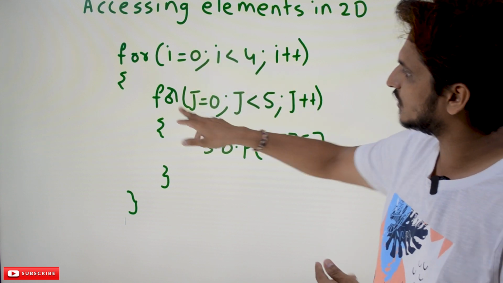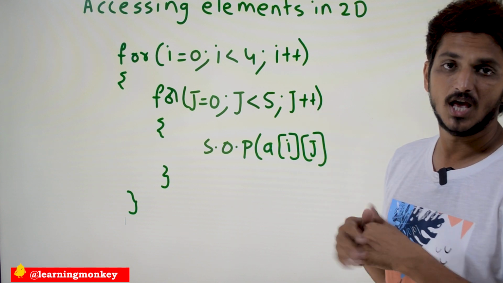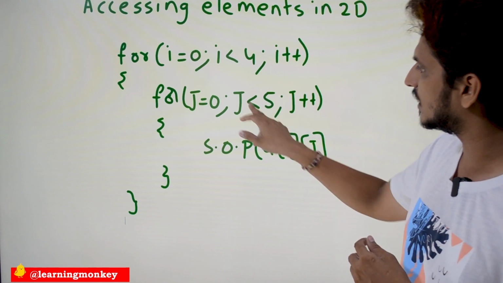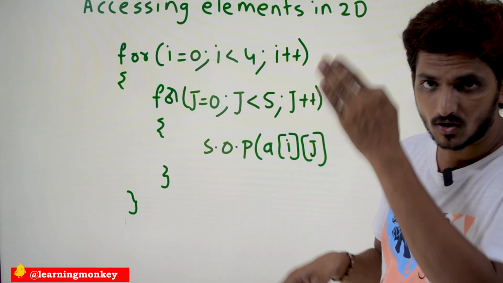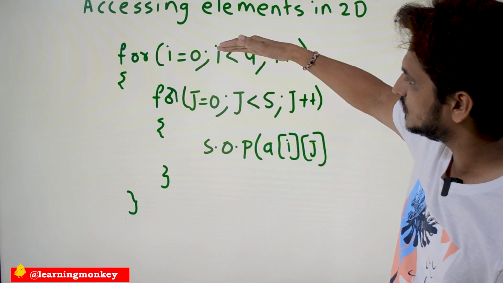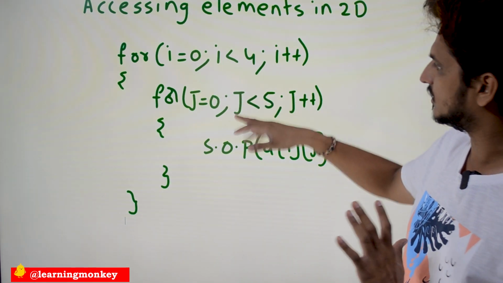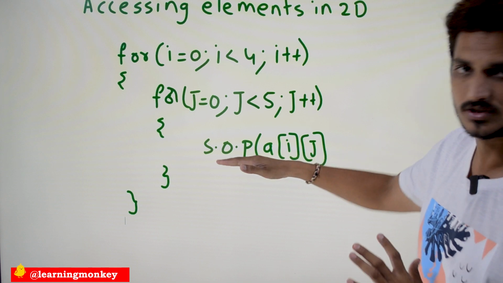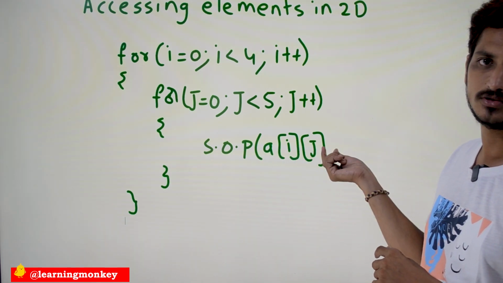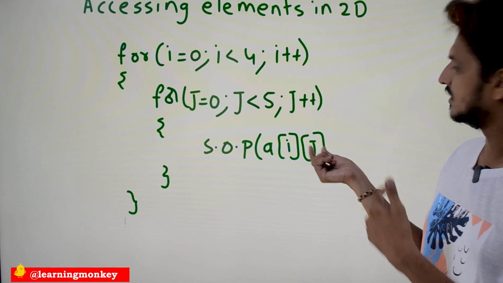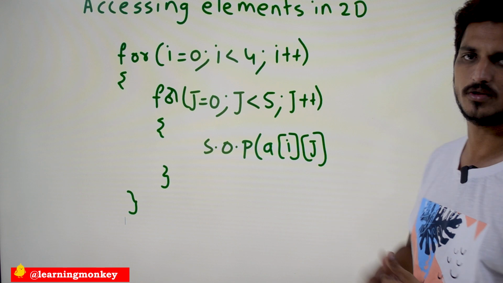In this loop, we have written another loop, for j is equal to 0, j less than 5, j plus plus. How many columns are there? 5 columns are there. That's why j less than 5. j is used to identify the columns. For i is equal to 0, j is going to execute 5 times. So whenever it goes inside this nested loop, A of, for i is equal to 0, j is going to change 5 times. 0, 0, 0, 1, 0, 2, 0, 3, 0, 4.